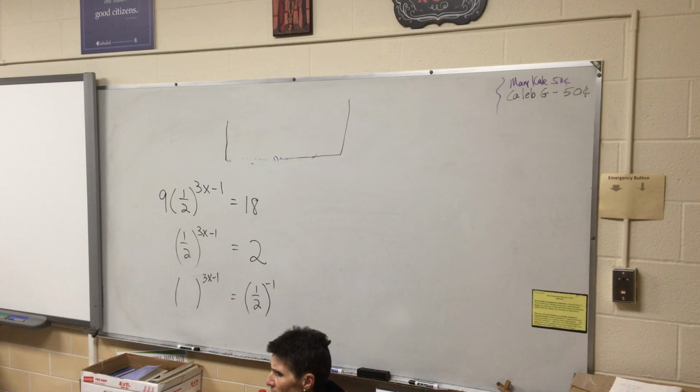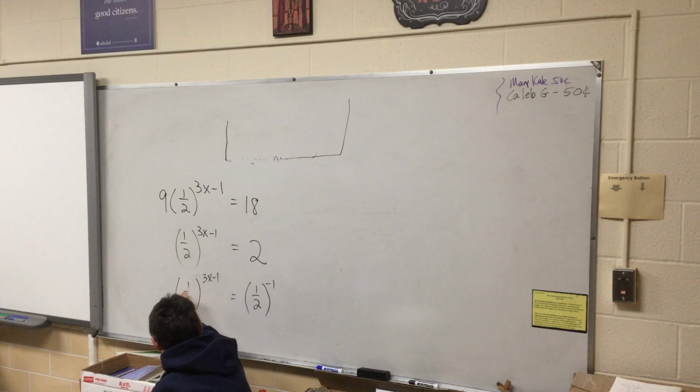What happens to your problem? It flips. Sure, negative exponents flip you over. So isn't 1/2 to the negative first the same as 2? Right? But now that's a 1/2, just like this is a 1/2.